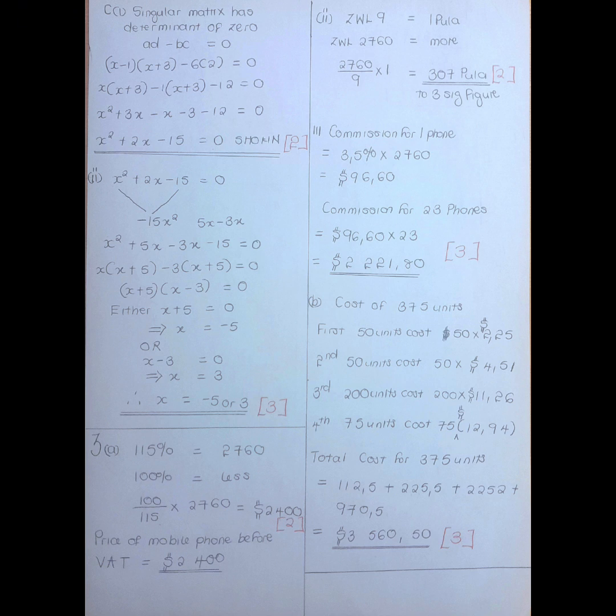And then we add that 15% to 100 to get 115. And we say 115% is equivalent to 2,760. What about 100%? It is going to be less. So we say 100 over 115 times 2,760 in order to get our answer, 2,400.